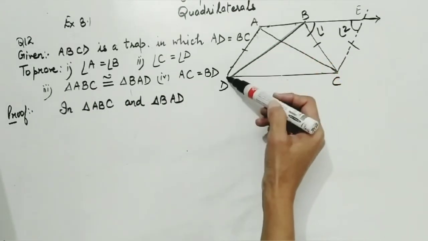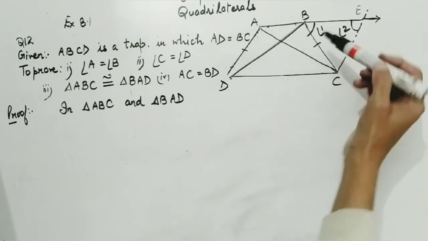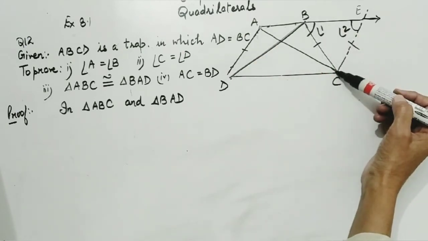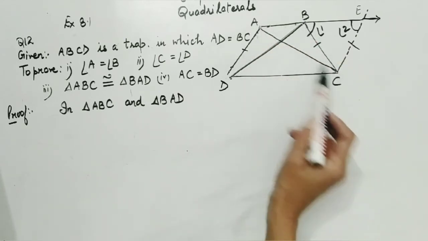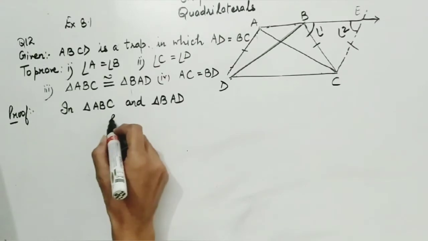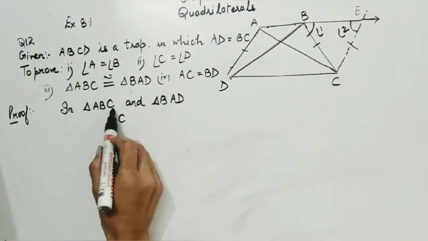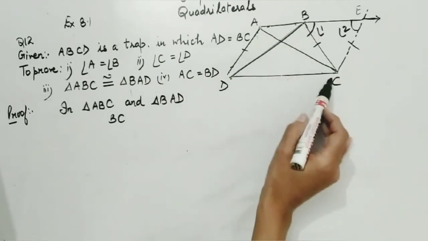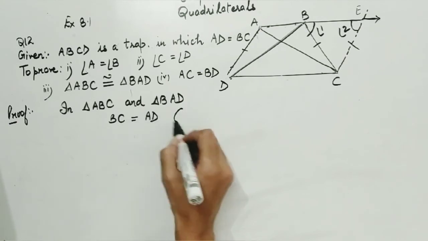First one is clearly seen here, AD and BC. Where is AD? AD is contained in BAD and BC is in triangle ABC. So first of all we would write BC, because when you write it in order, if ABC is written first, so side BC would come first. BC is equal to AD.